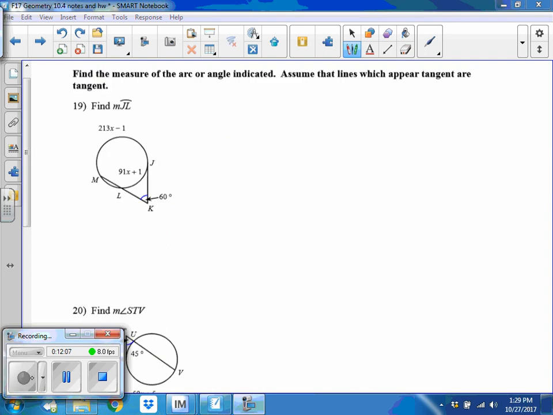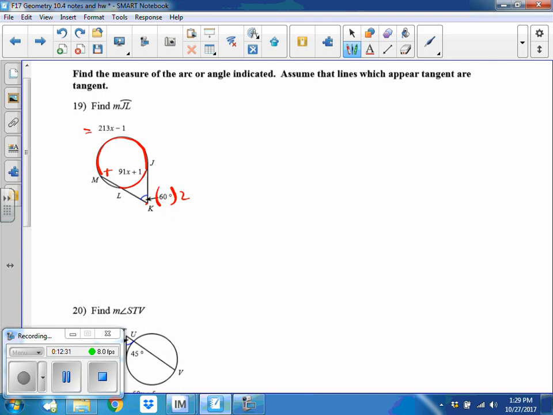Lastly, with number 19, I have a measure for the angle, so I know I'm going to have to multiply that by 2 because the vertex is outside the circle, plus the inside arc, which is 91x plus 1, equals the outside arc, which is 213x minus 1. And so let's write that equation.